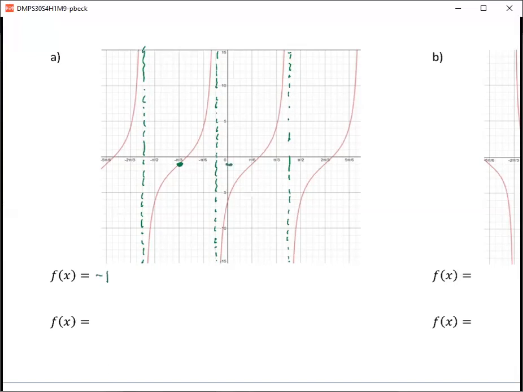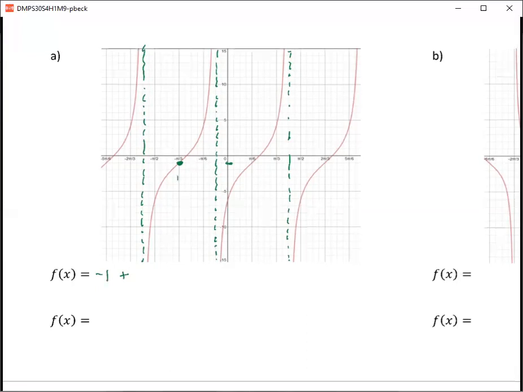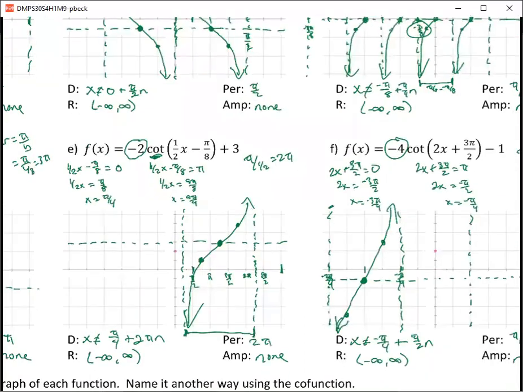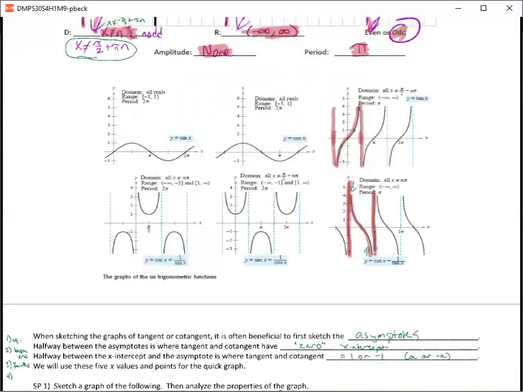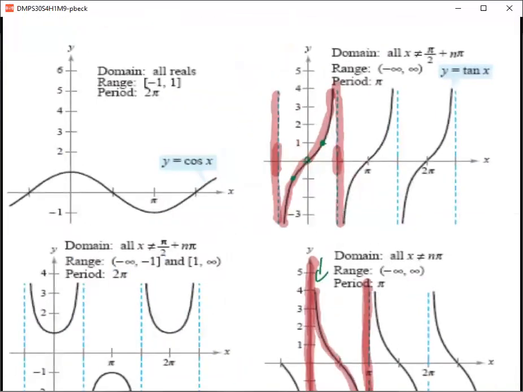So we could write this as negative 1 plus, and we want to do this first as a tangent graph. If you remember the tangent graph, that point that we have here is typically at the origin, or at least, let me go ahead and pull up that graph. So that reference point is going to be the most helpful for us.